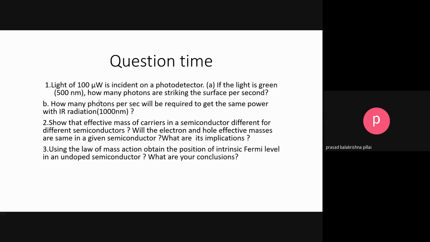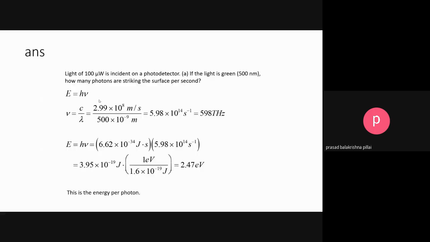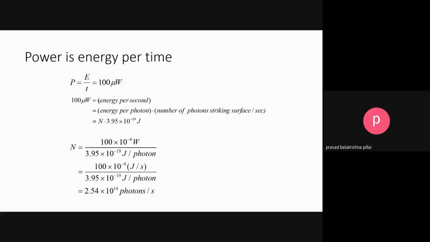You have to do this numerically: prove that the intrinsic Fermi level is near the center, and what conclusions you draw. The equations I have given you today, you can use. I assume that you will be doing it. I have worked this out, so I am not showing you. Later on we'll take it.